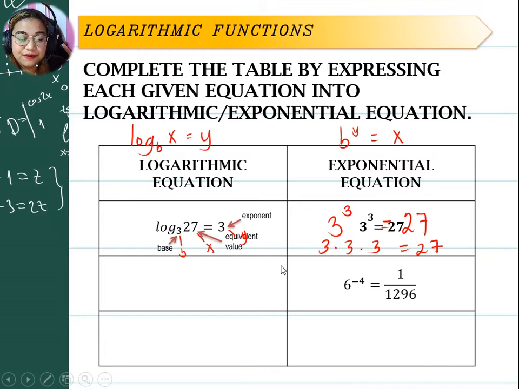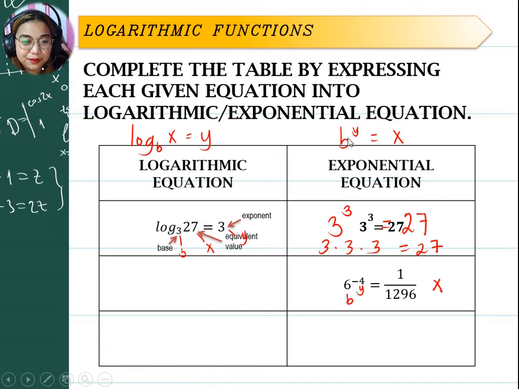So, next naman natin, from exponential equation, we are going to express it into logarithmic equation. Same lang din naman yung gagawin natin. We have to identify our base, our y, and our x. So, this is our b, y, and this is our x.